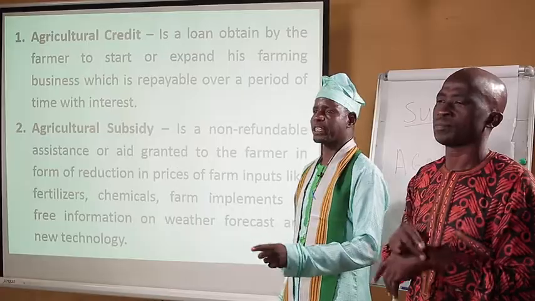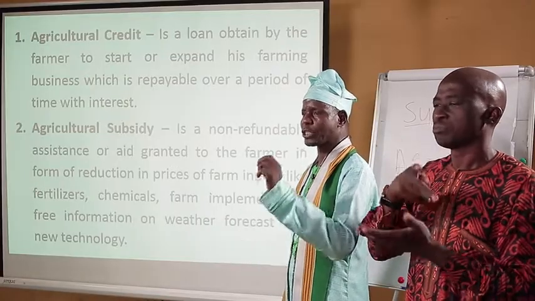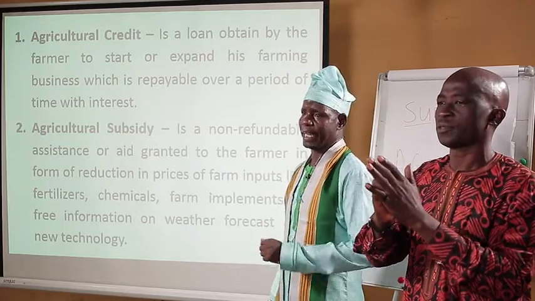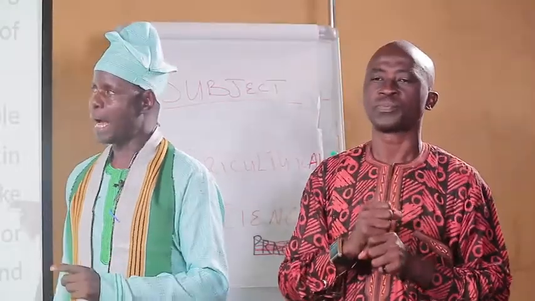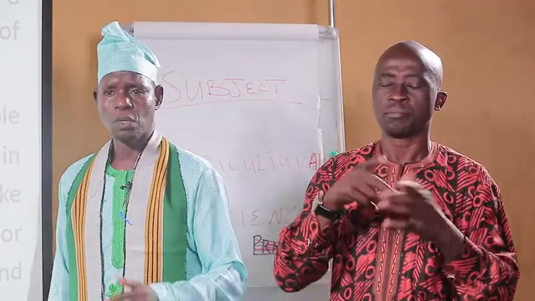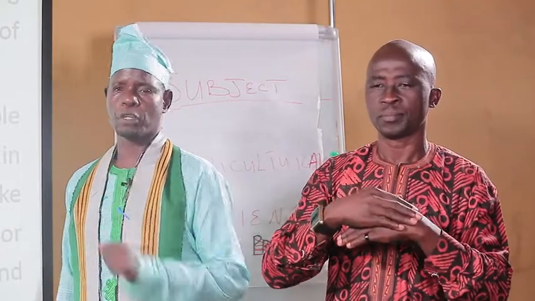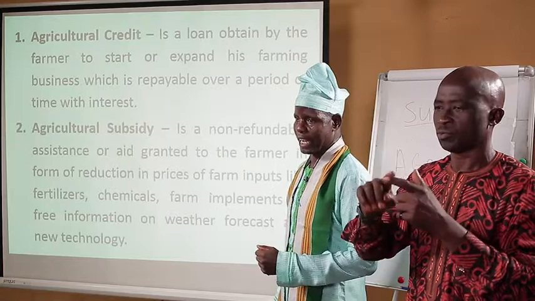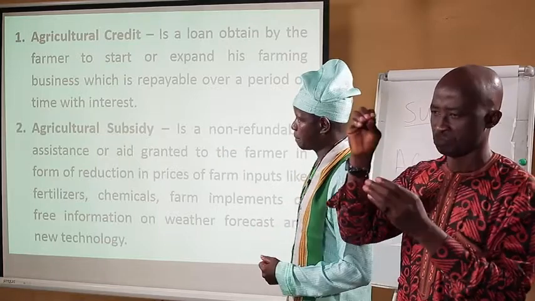The short-term credit is paid within a short period of time, for instance, within 1 year. The long-term credit is repayable within a long period of time, for instance, from 2 to 5 years or more than 5 years.